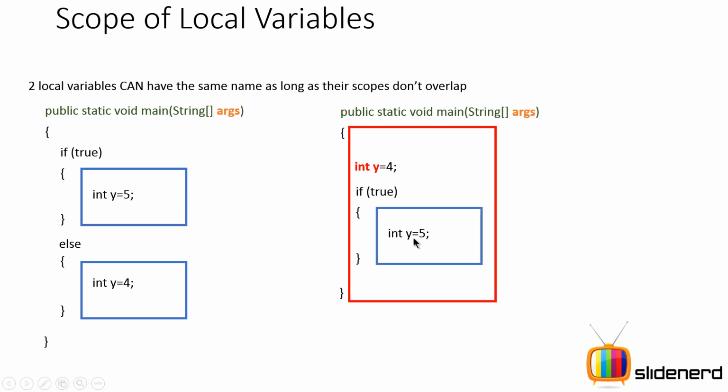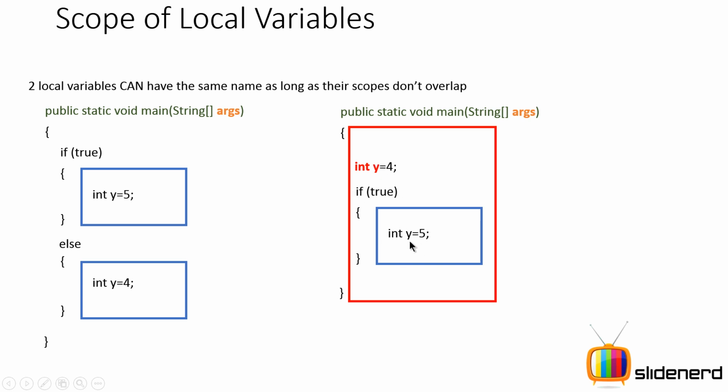But int y equals 5 has this blue colored box within the if condition, within these two brackets where it can be used, and the red box and the blue box intersect each other, right? Clearly this blue colored box itself is the intersection of these two different boxes out here. Hence, you cannot have the same variable name inside the if condition.